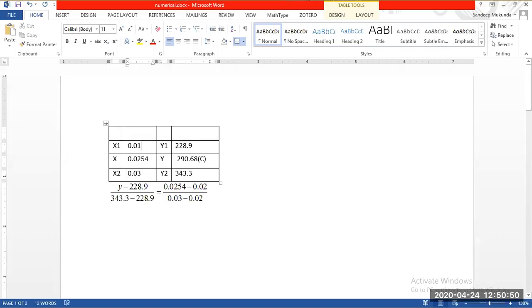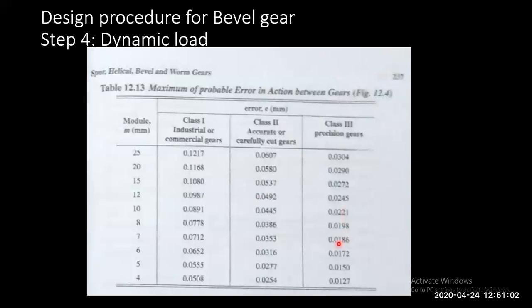For x between 0.01 and 0.02, we need the value for 0.0172.